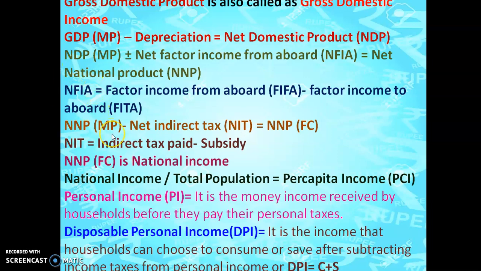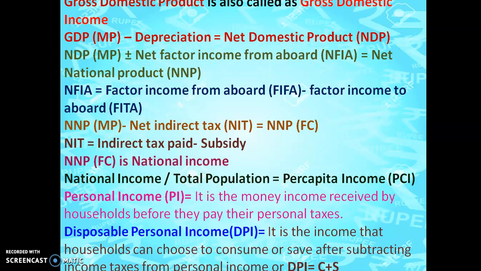Market price is what we charge a customer when we are selling. The government takes taxes from us. What is the tax being paid? That is the GST. GST is the indirect tax paid by the companies.